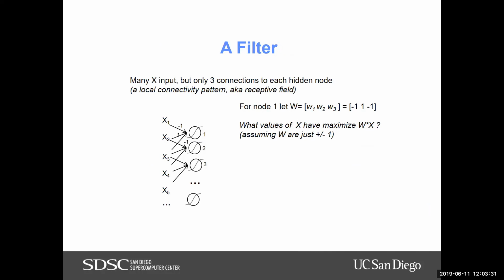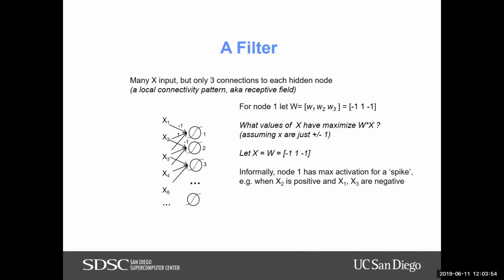Now imagine you have this. I have weights that are negative 1, 1, negative 1 into the first input node. And I ask you, well, what values of X are going to maximize the weight times X? And let's assume that the X values are also just plus and minus 1.